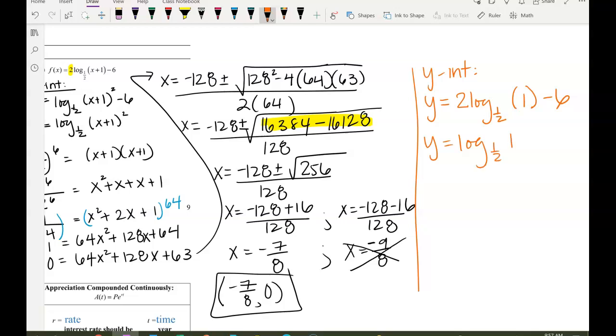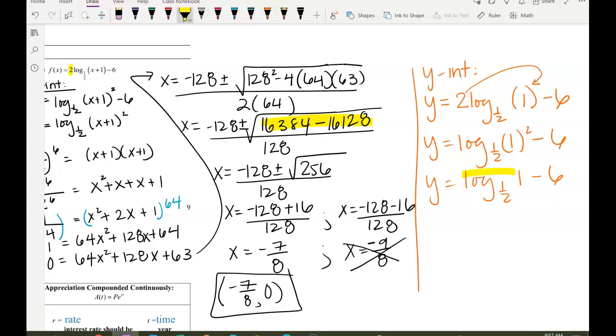I'm going to rewrite the 2 as a what? Exponent. What's 1 squared, y'all? 1. Okay. So now I want you guys to do this for me. Log base a half of 1. I want you to type it in your calculator so that way we can understand this. What do you think this is going to give us?